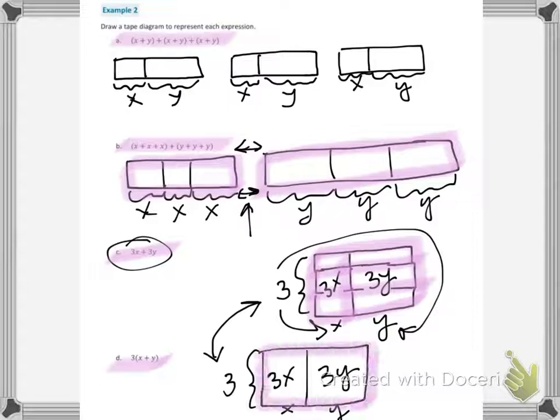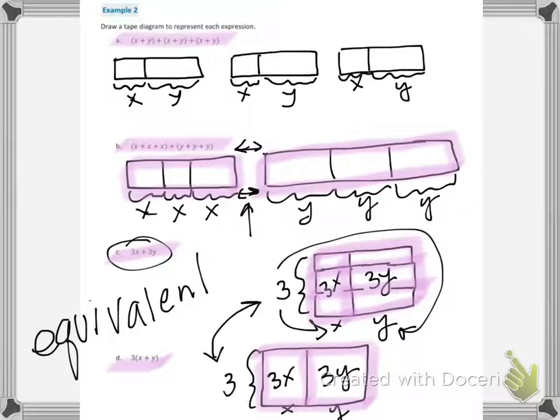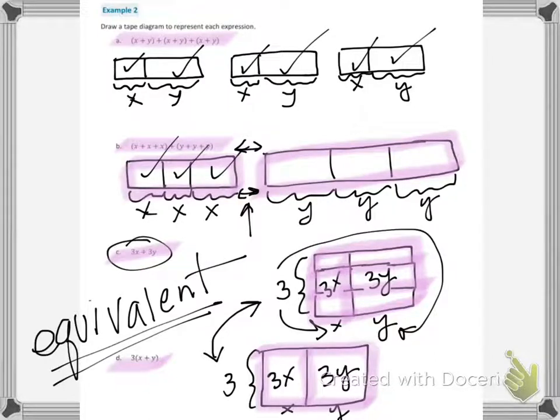If you use that very, very special word, equivalent, you would have been right on the money, because they are all equivalent. We add them all up, and we always have 3 x's and 3 y's. Yeah, they're all equivalent.